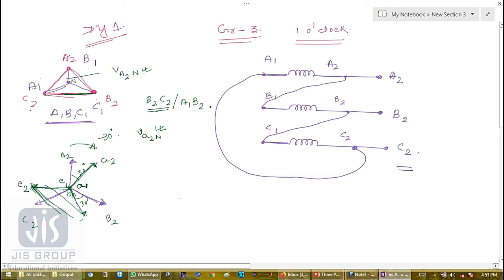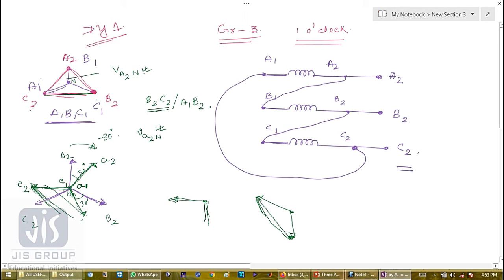Let me draw somewhere here the same way. Actually I am not very good at drawing.